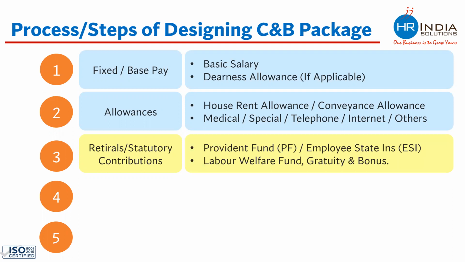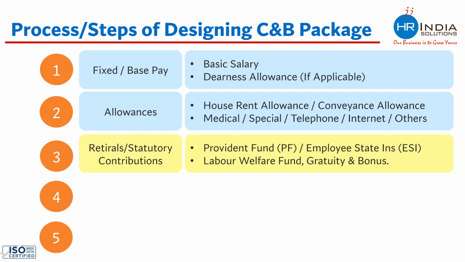Every month, every company pays to government authorities, to departments like Provident Fund, ESIC Act, and Labor Welfare Fund, and a few amounts are kept aside for gratuity and bonus, which are legal payments. Whenever they become payable, you have to pay for that. So every month, companies are paying to Provident Fund, ESIC, and Labor Welfare Fund, and you calculate the cost of these, how much your company would be paying for every employee every month to these departments.